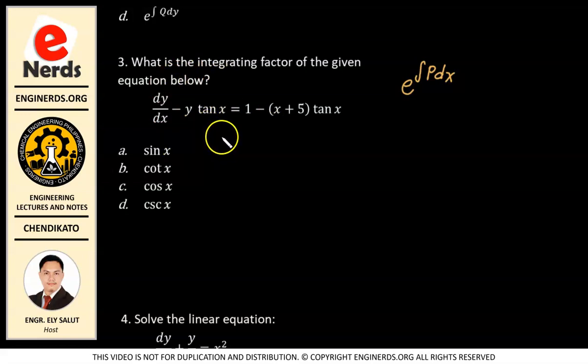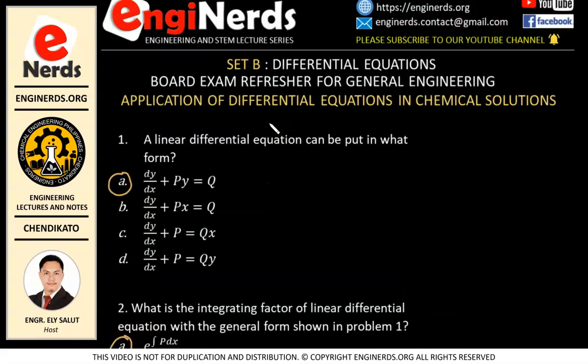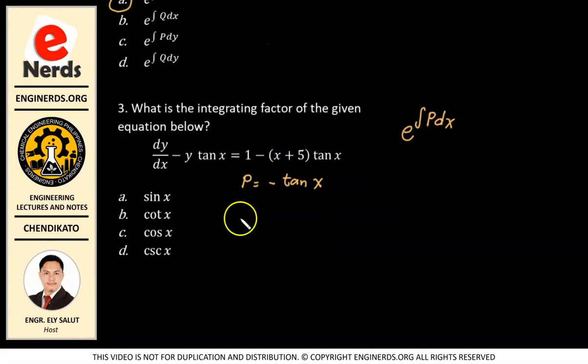Based on our general equation, from the term minus y tangent x, our p here will be negative tangent x. As you can see, we only have y here and it is positive, so y is retained, and since the term is negative, our p should be negative.